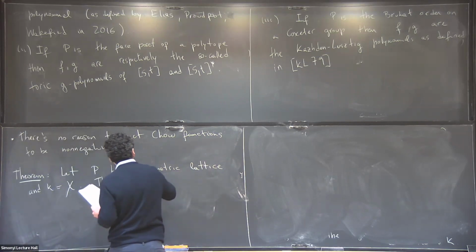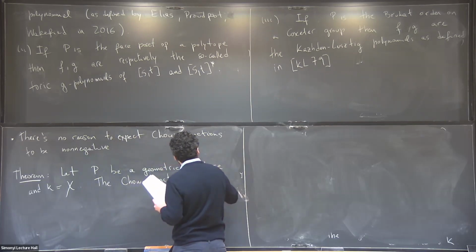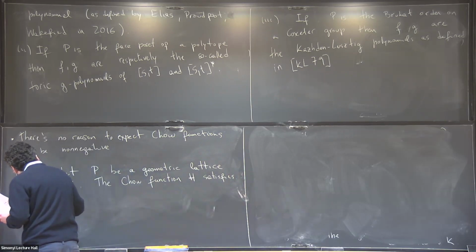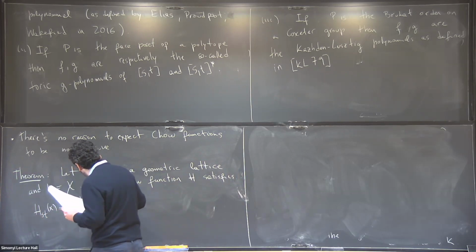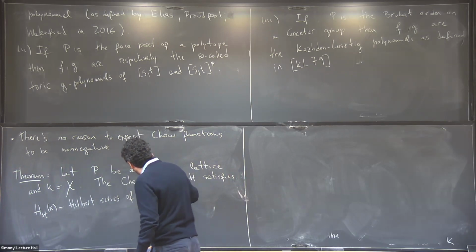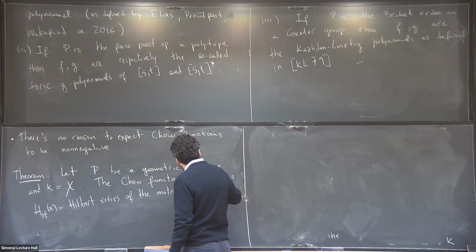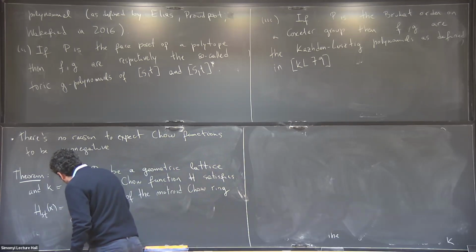The Chow function H satisfies H_{st}(x) equals the Hilbert series of the matroid towering of st.